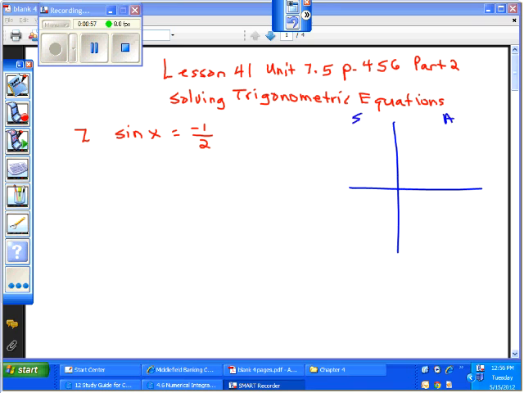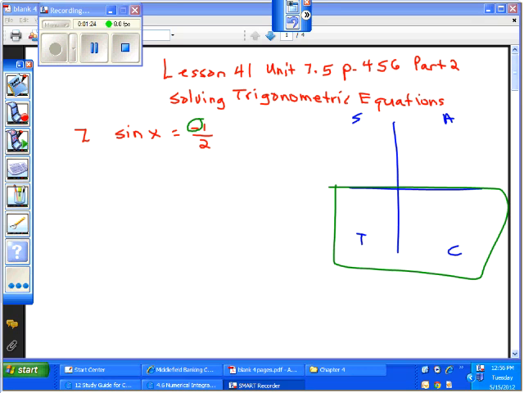So our first thing would be to begin to think about this situation, like a smart trig class. We're going to think about where sine is negative, because this was a negative 1/2. And we would know that sine would be negative in these two quadrants. So whatever we do, we're going to have those two quadrants. That tells me there's probably going to be two pieces of my answer.